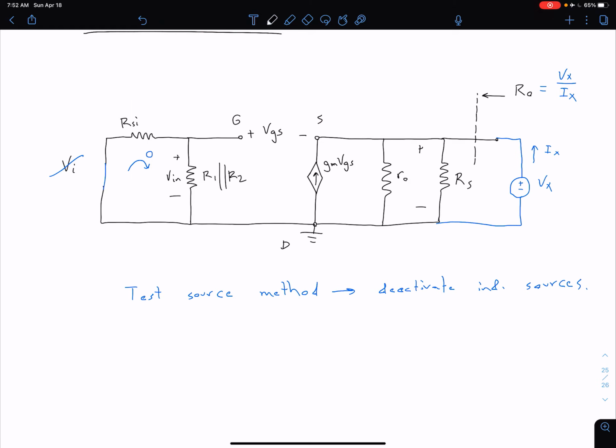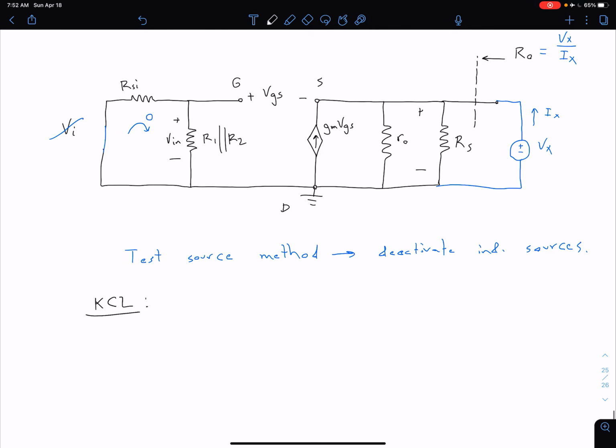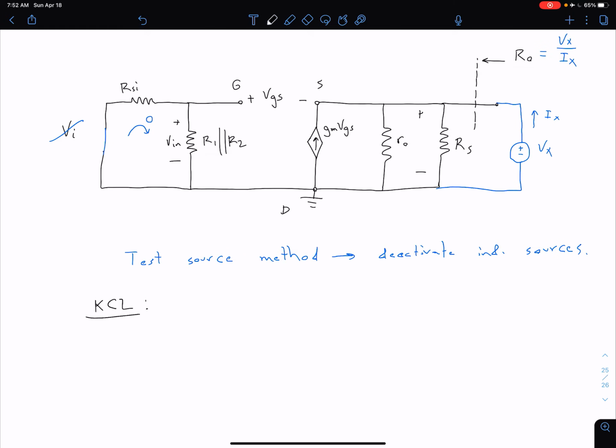Let's analyze our right side by using KCL at this top node up here. We see we have a couple currents coming in, and then because we have this voltage, which is our Vx here, we're going to have a couple currents going down through these resistors. So KCL: sum of currents in equals sum of currents out.